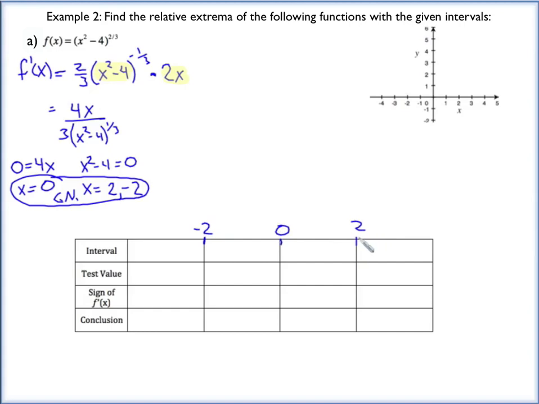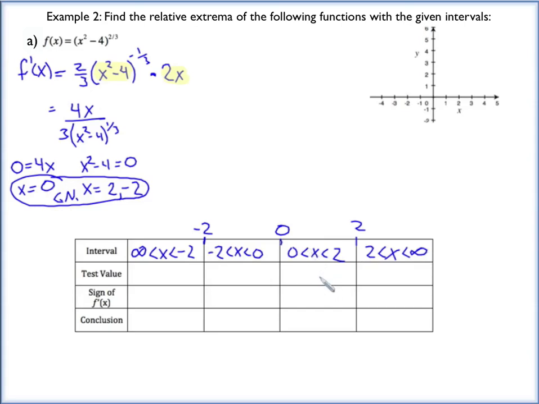And our intervals are going to happen in between this. So this is on the entire real number line. So the intervals go from negative infinity up to negative 2, from negative 2 to 0, from 0 to 2, and then from 2 to infinity.